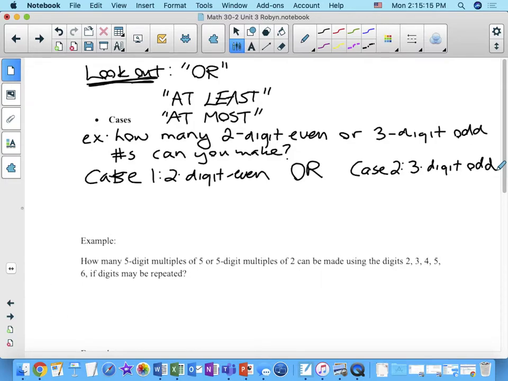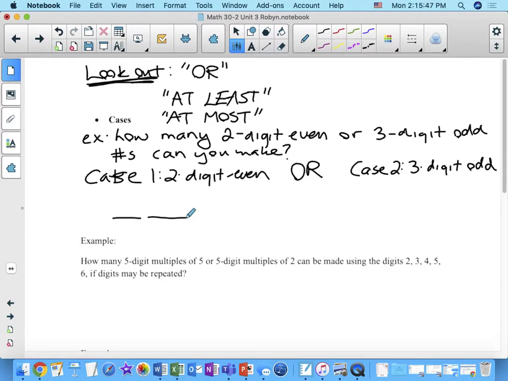How would you start to figure out how many 2-digit even numbers there are? It's the first thing that you would put down on your page. Yeah, 2 spaces, because it's a 2-digit even number. So we've got to make 2 decisions. Or there's 2 places where choices could go. That's a better way of putting it. Okay, there's 2 places where choices could go. One for the first digit and one for the second digit.